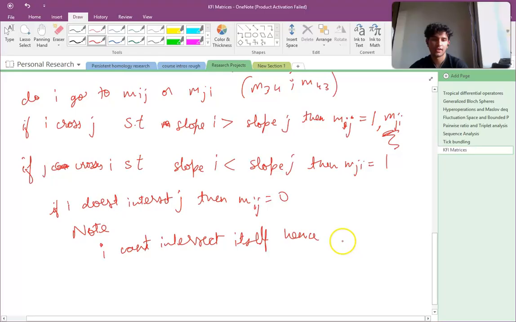Hence, Mii is always equal to 0 for all I. Now, the last condition is Mij is antisymmetric, that is, it is equal to minus Mji.